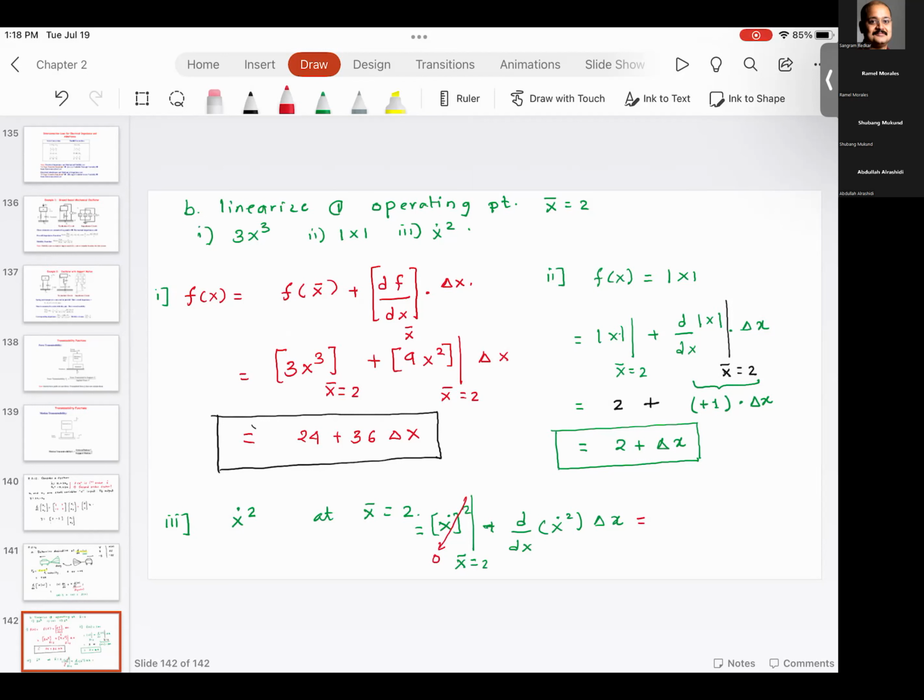So, side note, this is d by dx of dx by dt square. This guy is going to be 0. So the total solution is going to be 0.